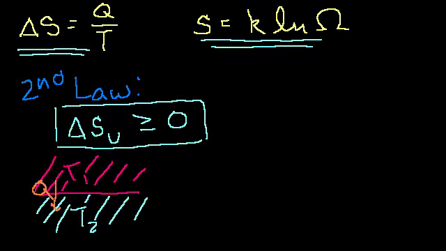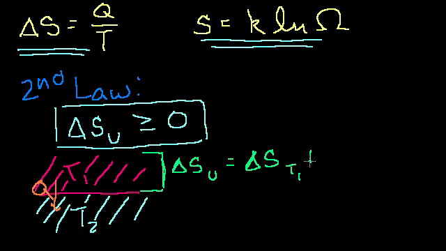So what's happening here? What's the net change in entropy? The second law of thermodynamics says that the change in entropy for the universe is greater than 0. But in this case, that's equal to the change in entropy for system 1, that's this hot system up here, plus the change in entropy for system 2.